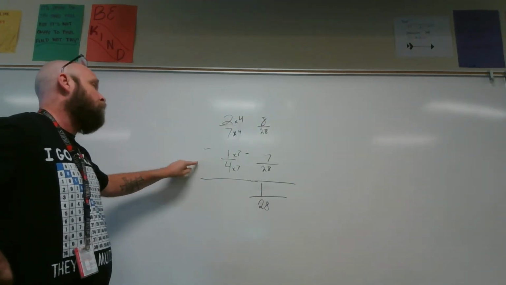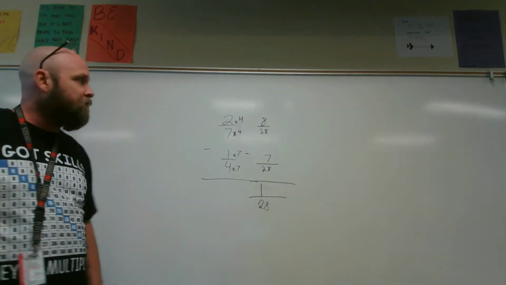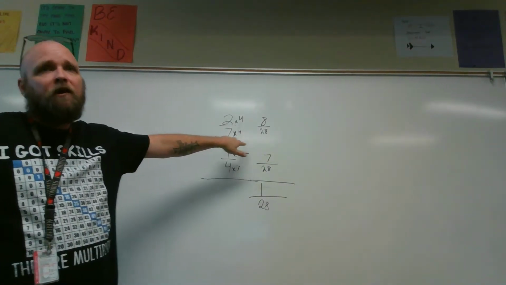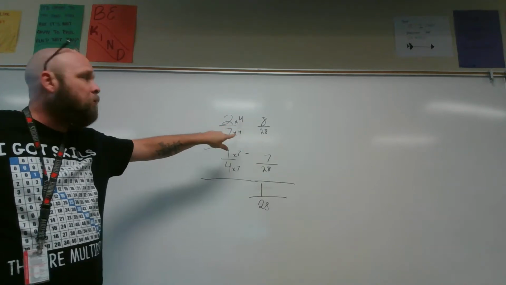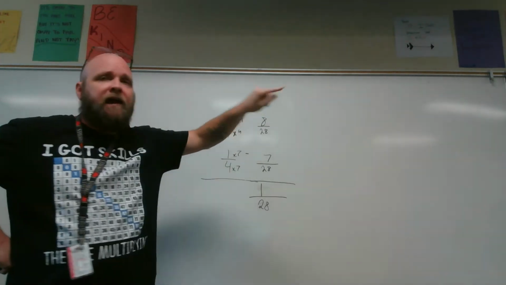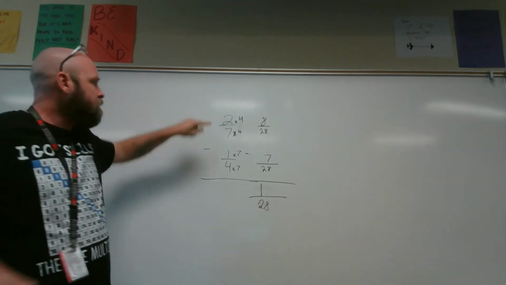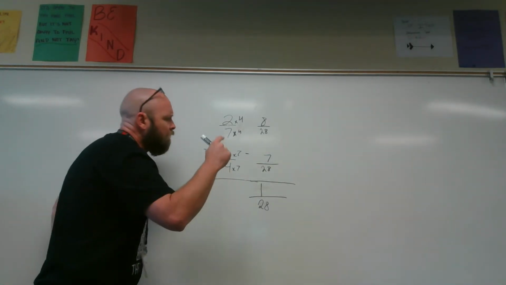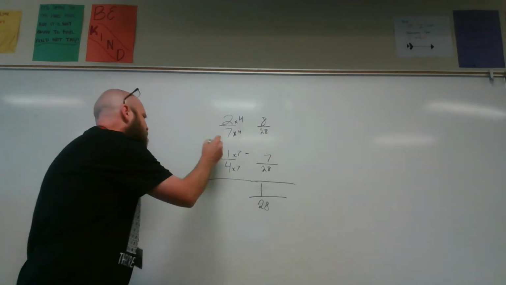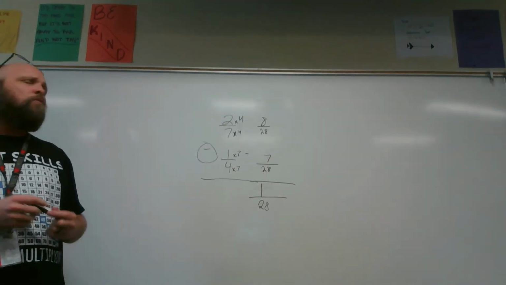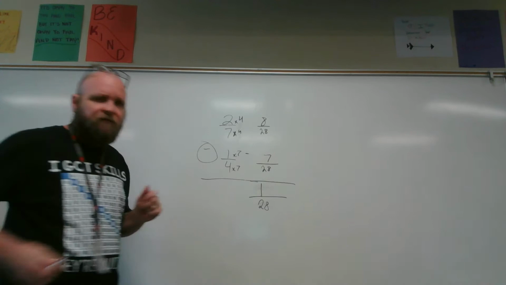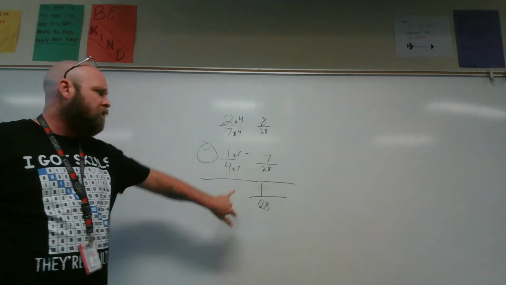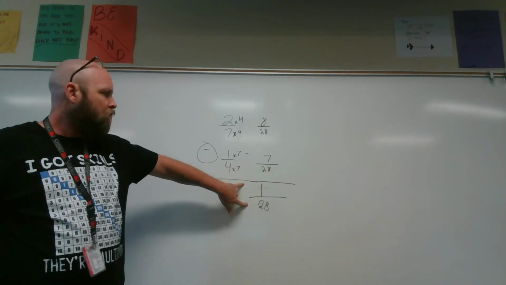She had to change 1/4 to something over 28 without changing the value. She had to multiply 7 times 4 to get 28. If she multiplies the denominator by 4, she must also multiply the numerator by 4. And 2 times 4 is 8. So 2/7 equals 8/28. 1/4 equals 7/28. It is a subtraction problem. We have 8/28 subtract 7/28, and she got the difference, 1/28.